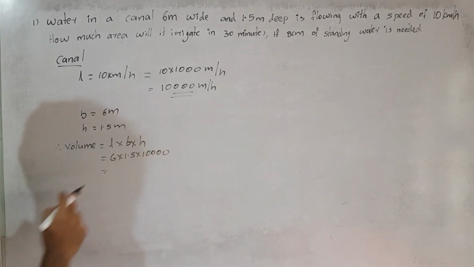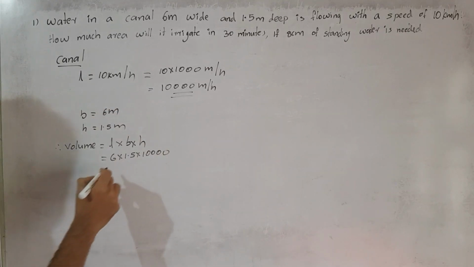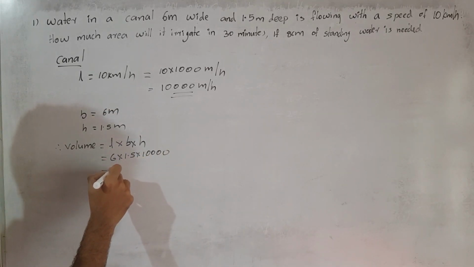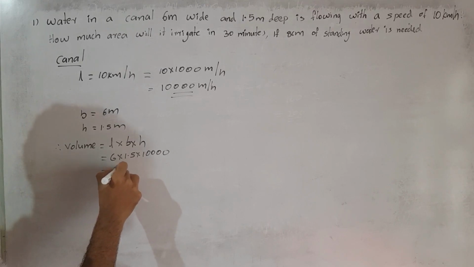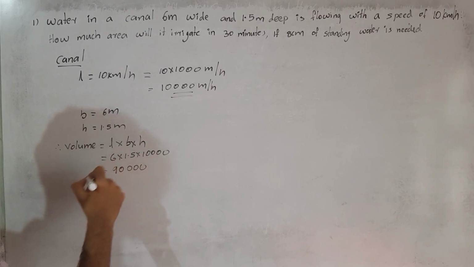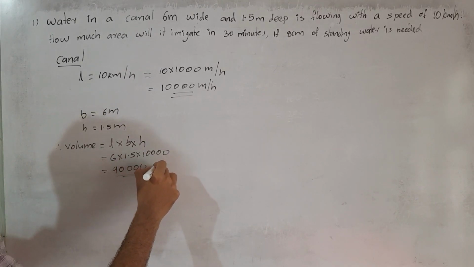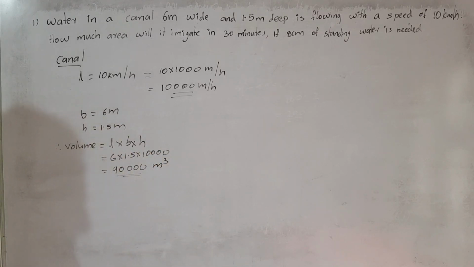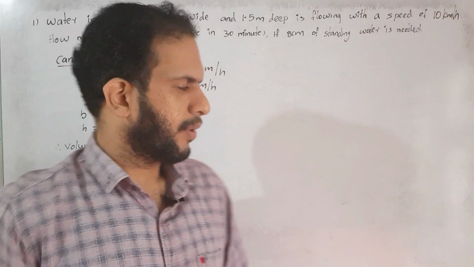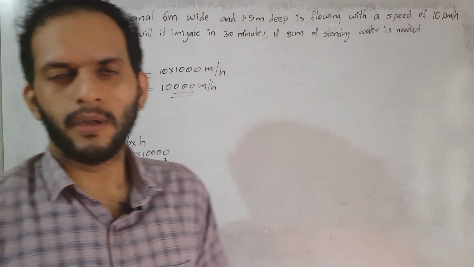Then 6 into 1.5 is equal to 9. 9 into 10,000 is equal to 90,000. 90,000 meter cube. Okay, what is the volume of the canal? The volume of the canal is equal to 90,000 meter cube. Okay, what is this 90,000 meter cube?